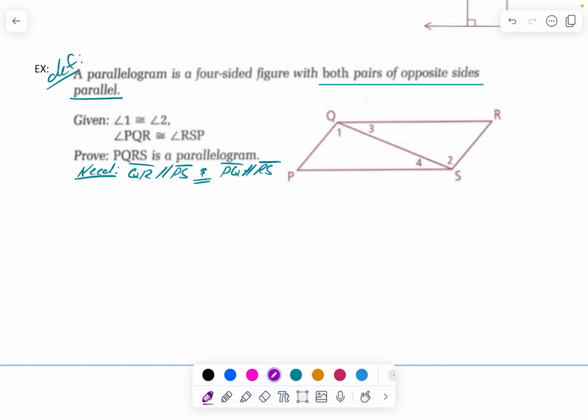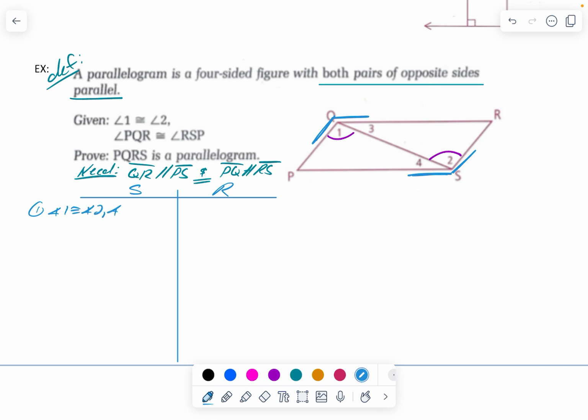Now, what we're given is angle 1 congruent to angle 2, and we're given that this big angle is congruent to this big angle. Okay, so let's put that down here. So we have angle 1 congruent to angle 2, and we have angle PQR congruent to angle RSP.